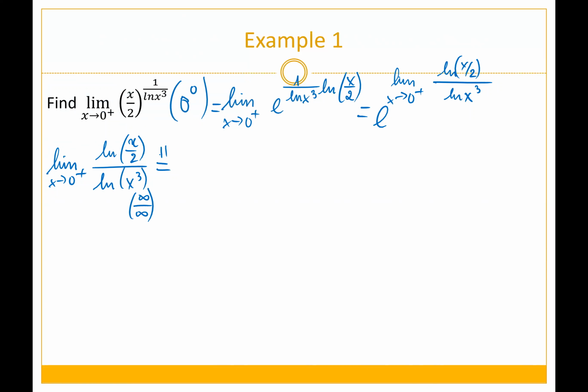So now we're going to use L'Hopital's rule, limit as x approaches 0 plus. The derivative of the numerator is (1/2) over x over 2, so it's going to be 1 over x, divided by the derivative of the denominator, 3x squared over x cubed. Note that from here to here, it's just algebra; I don't do any L'Hopital at all.